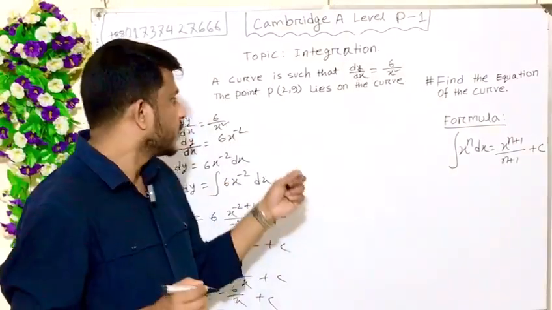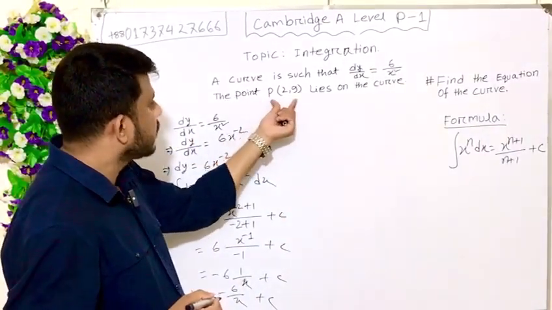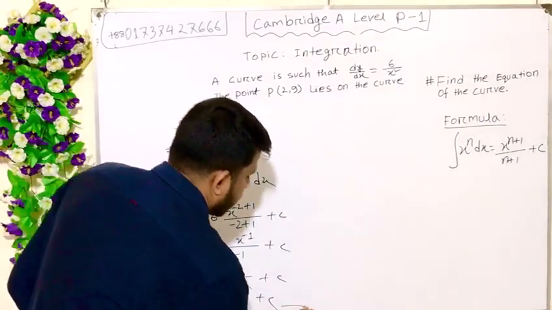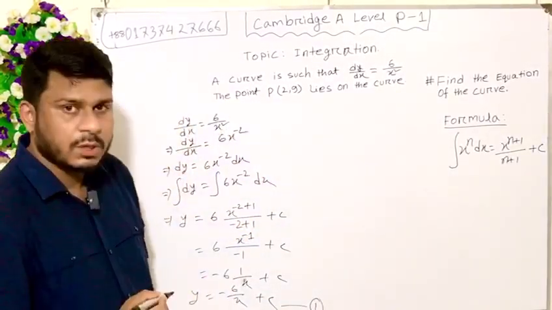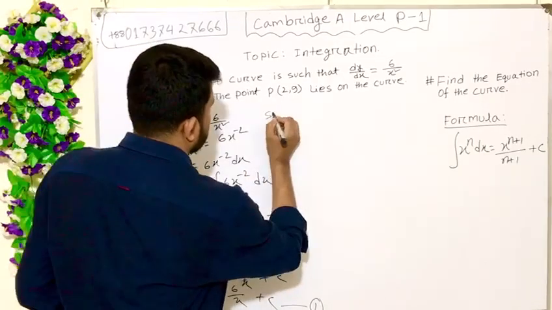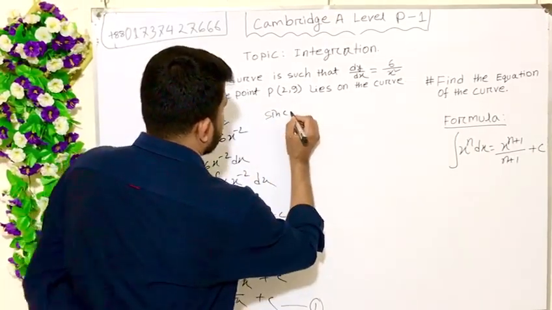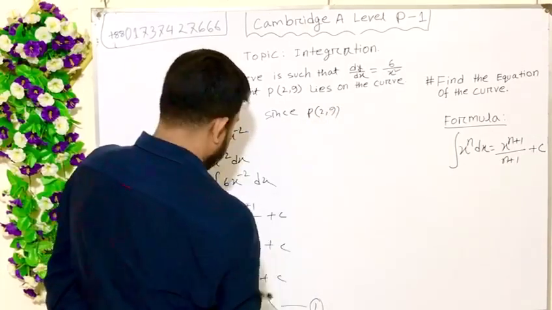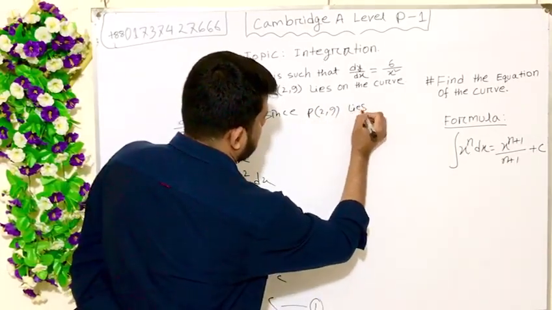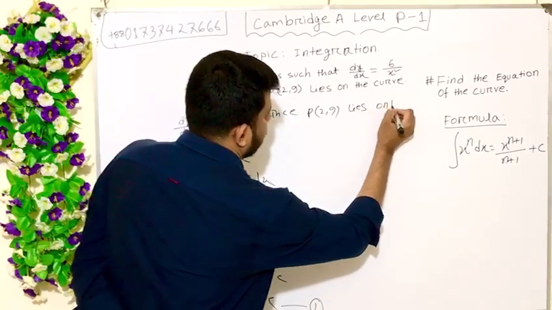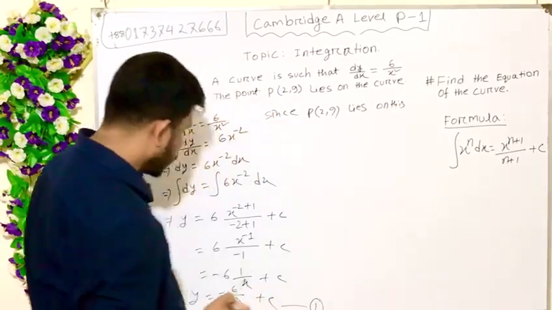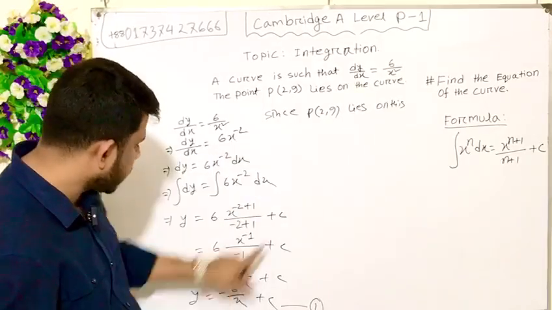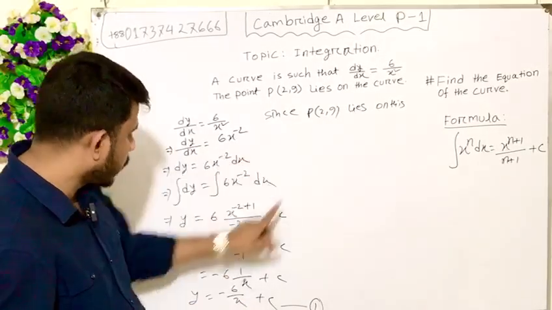And one thing is that this point lies on the curve. So this point lies on this curve. Like we can write, this is equation number 1. Since this point (2, 9) lies on this curve, so the first term, like x equals, we can write input here 2, and y equals 9.